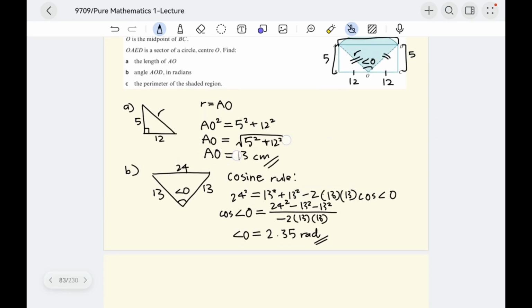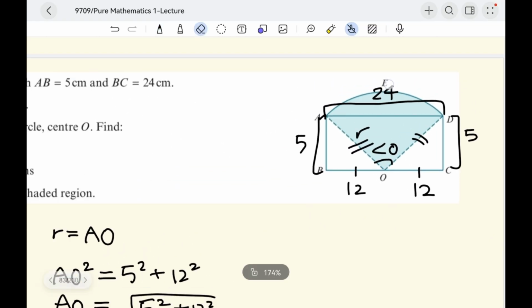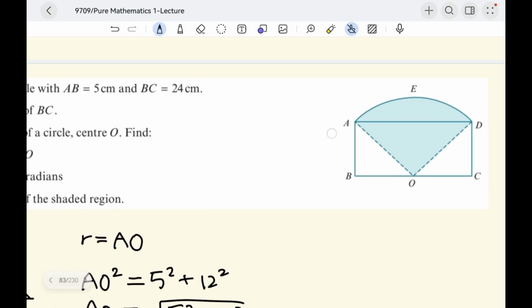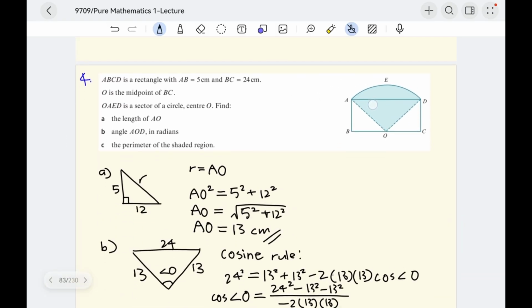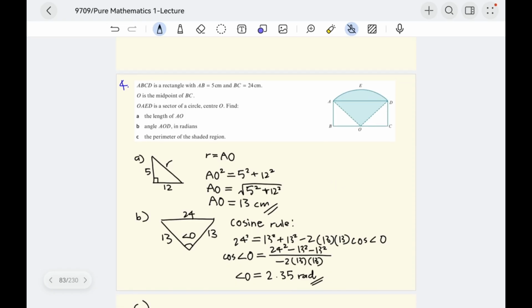Alright, so let's move on to part C. Find the perimeter of the shaded region. For your understanding and to reduce your confusion, I need to rub these notes away. The perimeter of the shaded region means the perimeter of the sector.